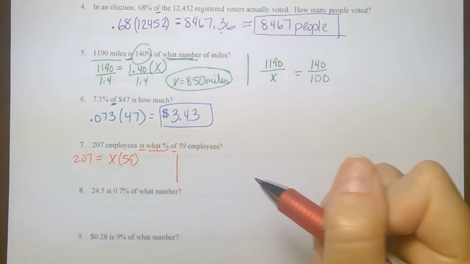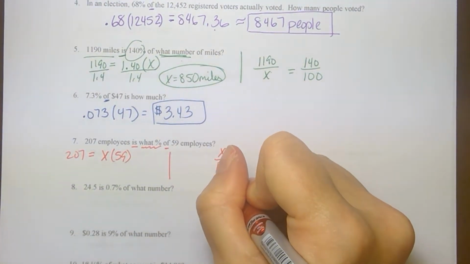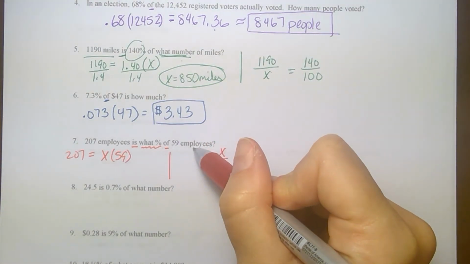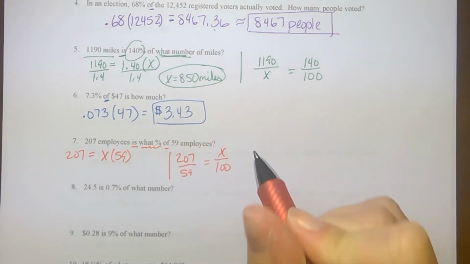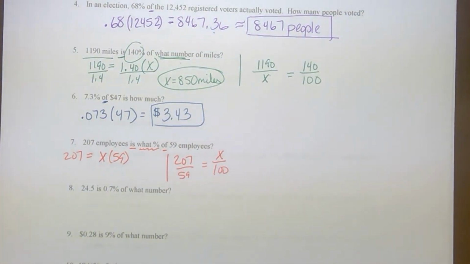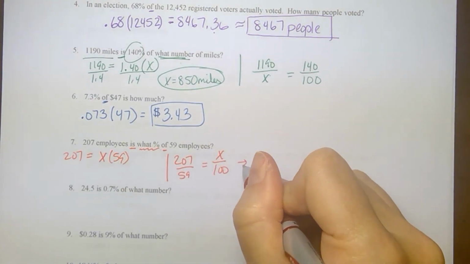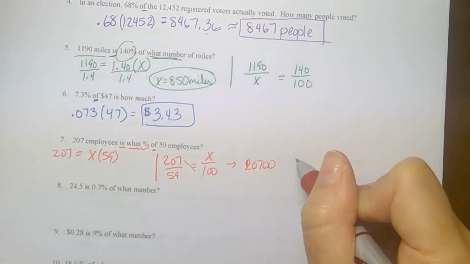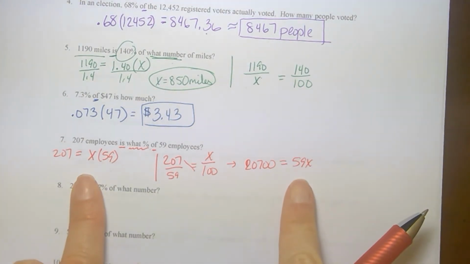If I wanted to set it up as a proportion to solve, I'm looking for the percentage. So that's x over 100. Percent of the whole is 59. My part is 207, so I know I need more than 100%. If I choose to solve this way this time, that would give me 207 times 100 is 20700 equal to 59 times x. And if you look here, I'm almost doing the same thing.